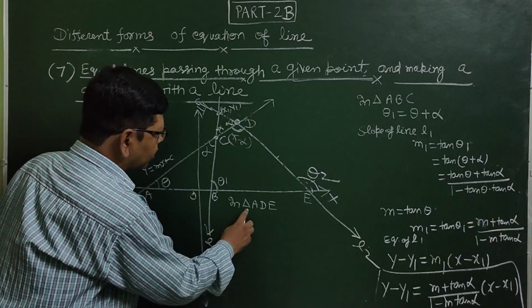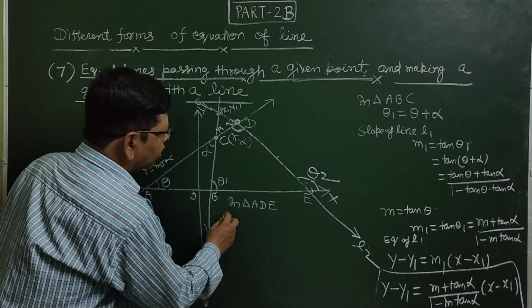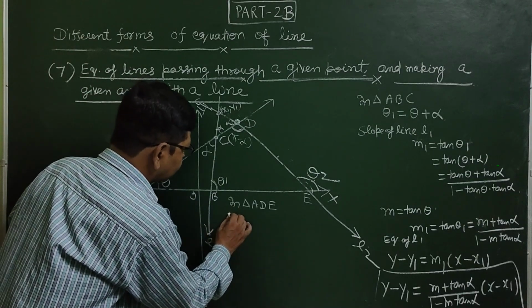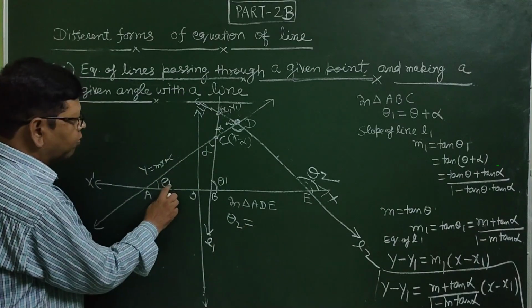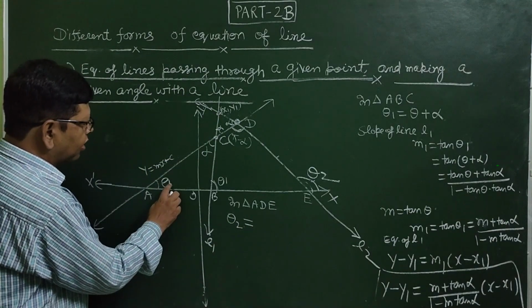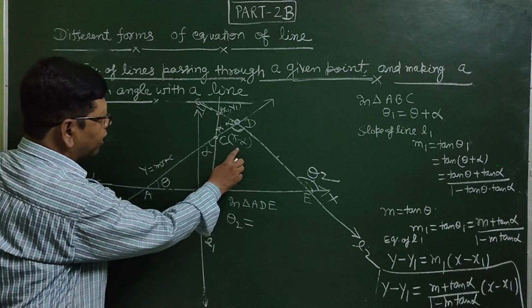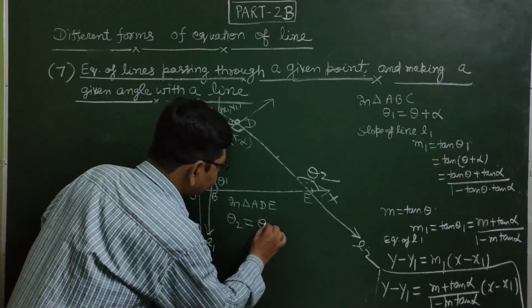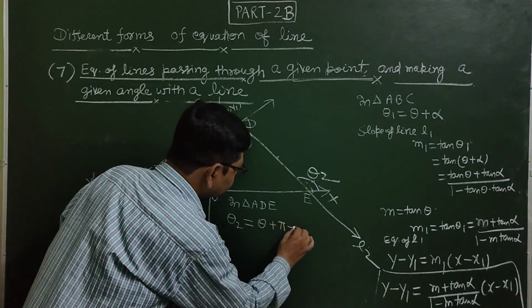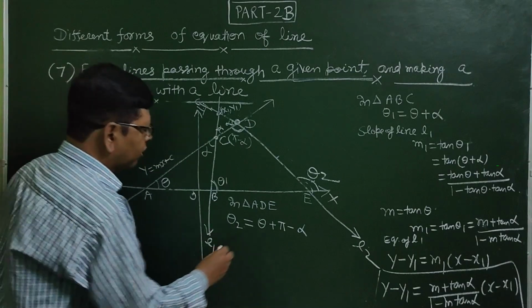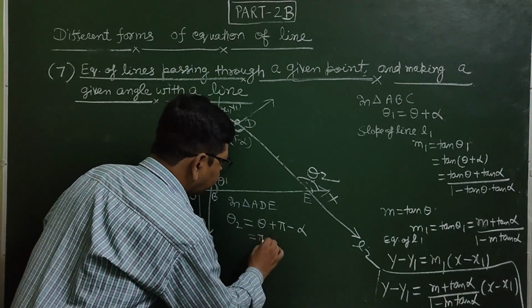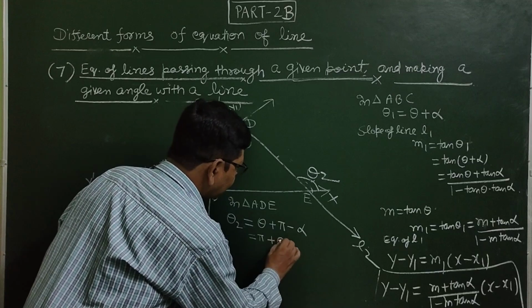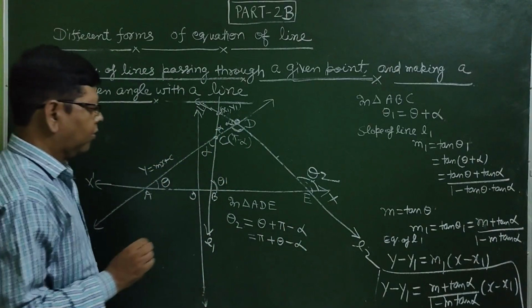Now in triangle ADE, angle DEX, that is theta 2, is equal to the sum of the interior opposite angles, that is angle theta plus pi minus alpha. Or we can write this as pi plus theta minus alpha.